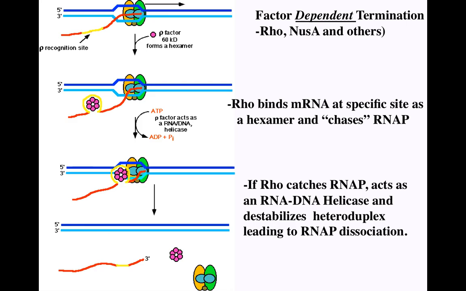So this is not a fair fight. It's not a fair race. This Rho complex is going to catch RNA polymerase, and when it does, it interacts with RNA polymerase and kicks it off. So how is it that the bacterium makes certain that Rho doesn't catch RNA polymerase before it's finished transcribing what it needs to transcribe?